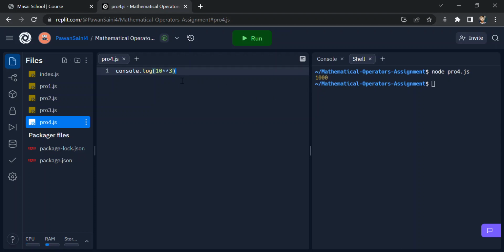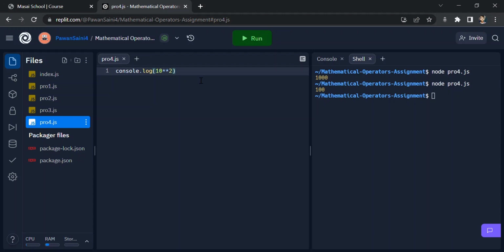If I have to get the square of number 10, I simply put number 2 here and run it again. Now you can see I got the output 100, which is correct. That's how we use the exponentiation operator.